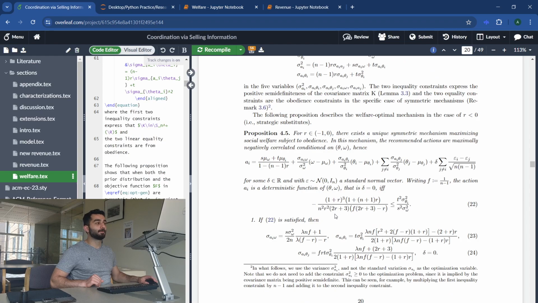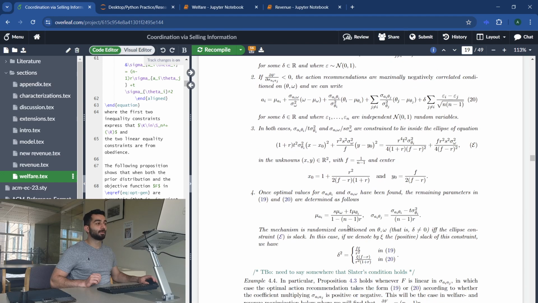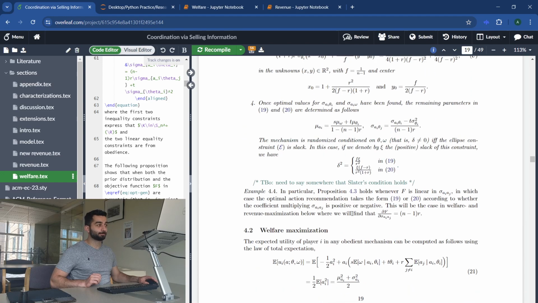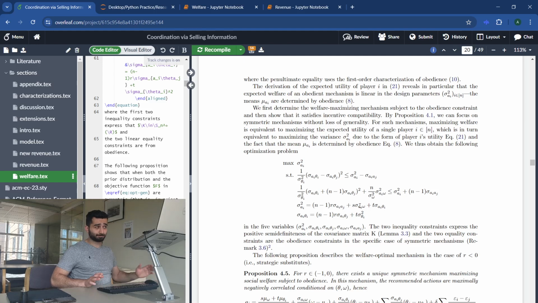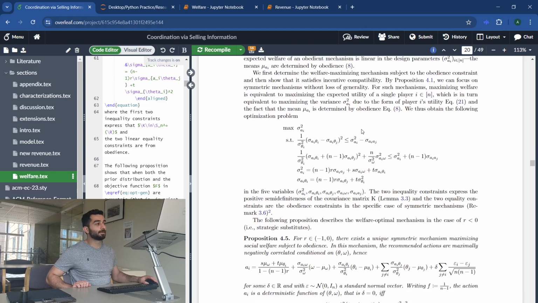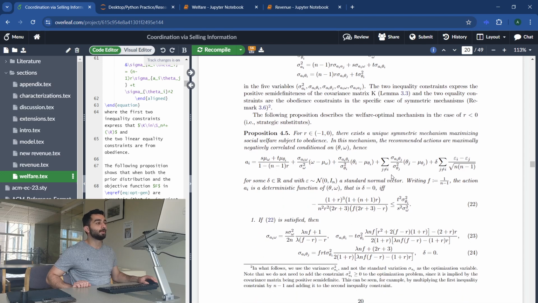So where is welfare? Okay, welfare maximization. By the way, we need to take care of delta and our elliptic equation. This is our ellipse. The second one is binding all the time.